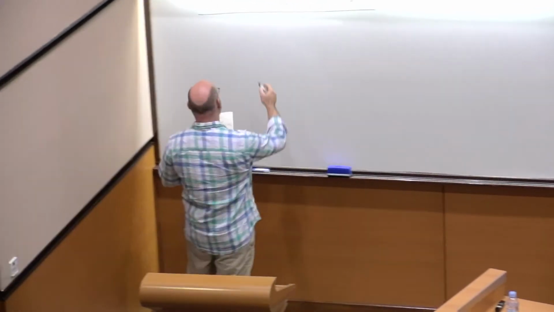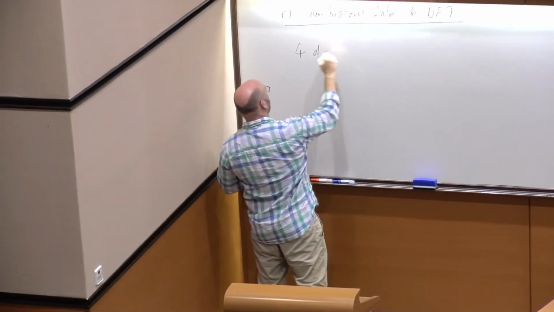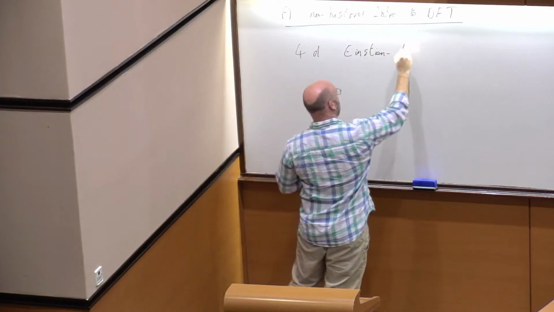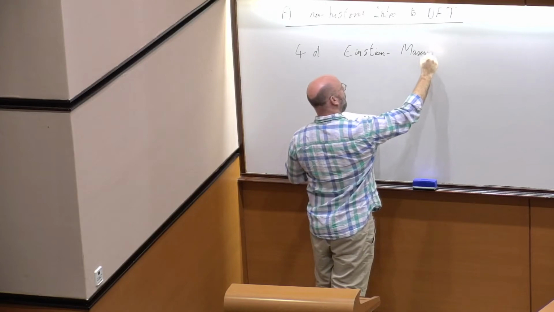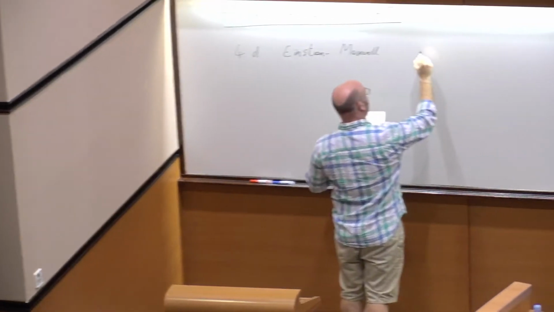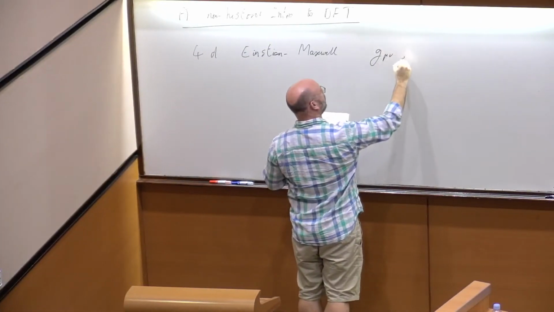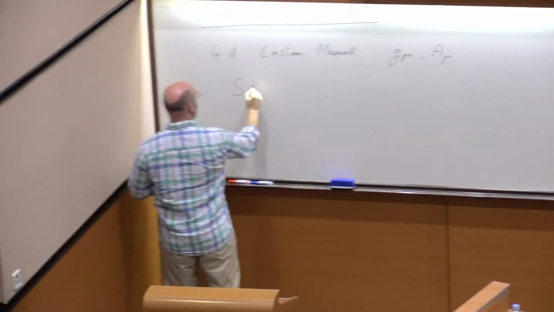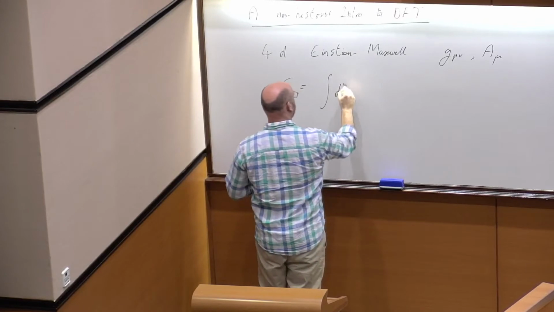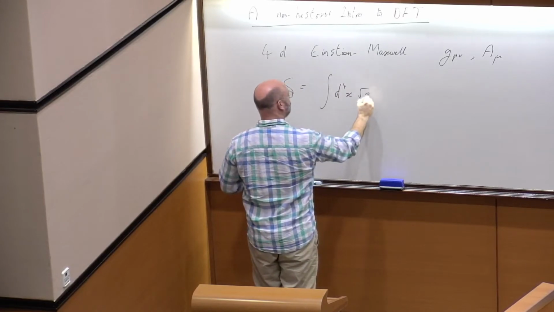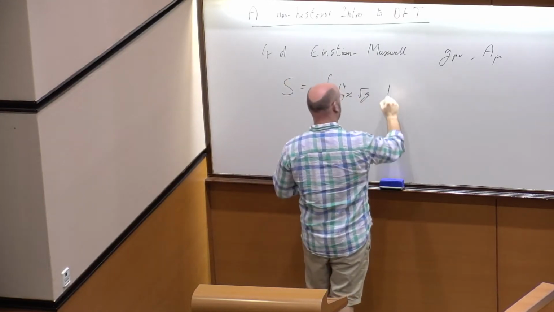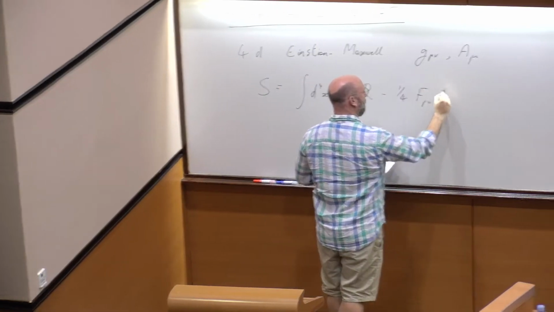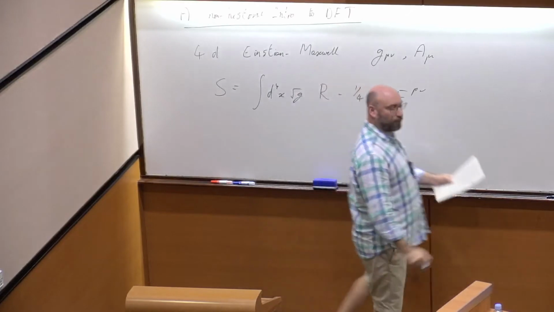So let's begin. We have 4D Einstein-Maxwell. So I have the fields of the metric and a one-form, and we've got the usual action. I'm going to be in 5 dimensions. And this is something we all know and love.